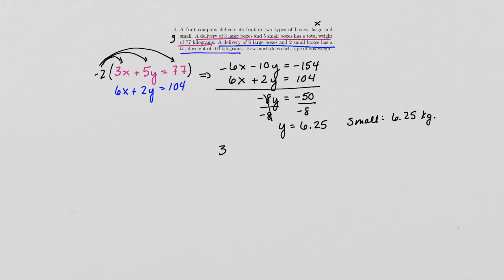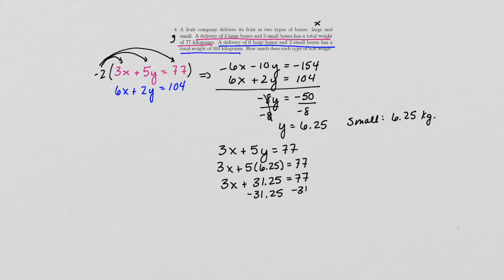And then again, I'm going to pick any equation to plug it back into. So 3x plus 5y equals 77. So 3x plus 5 times 6.25 equals 77. So 3x plus 5 times 6.25 is going to be 31.25 equals 77. So I'm going to subtract 31.25 from both sides.